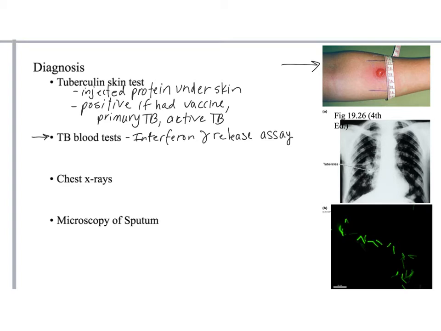Basically we draw some blood, and then in the lab we expose the blood to TB antigen. So patients' T cells release interferon gamma when exposed to TB antigen.